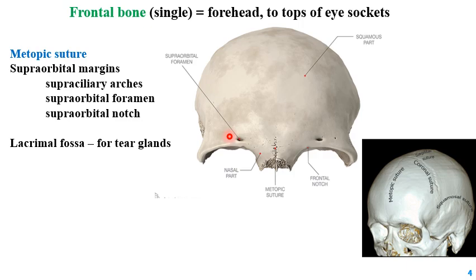The lacrimal fossa is important for storing tear glands. So the lacrimal fossa is going to lead to openings here, and then you're gonna get tears through there.